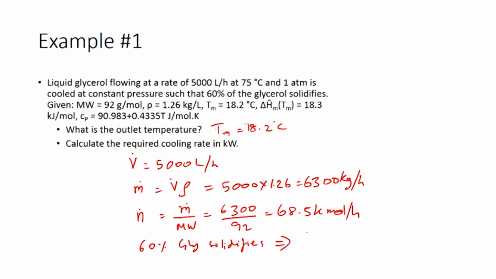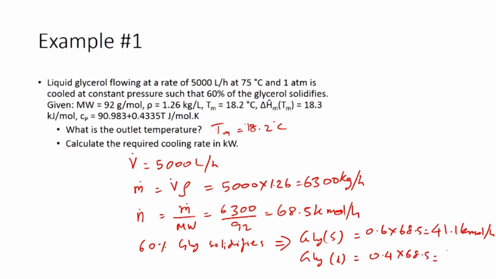So, this implies glycerol solid in the outlet stream would be 0.6 times 68.5, which is equal to 41.1 kilomoles per hour, and the remaining would be the liquid, which is glycerol liquid, equal to 0.4 times 68.5, which is 27.4 kilomoles per hour. So, we now have the flow rates for the inlet glycerol liquid and the outlet glycerol liquid and solid. With this we would be able to build the enthalpy table.